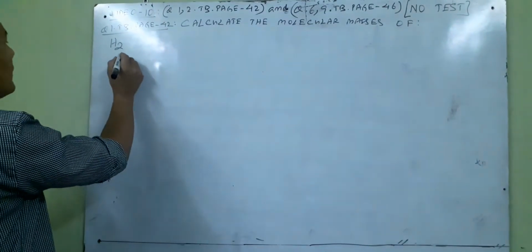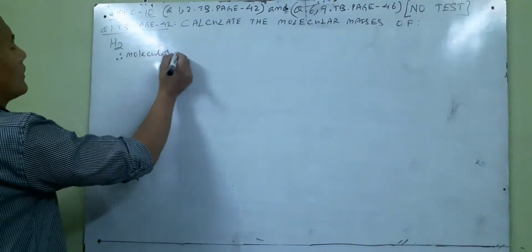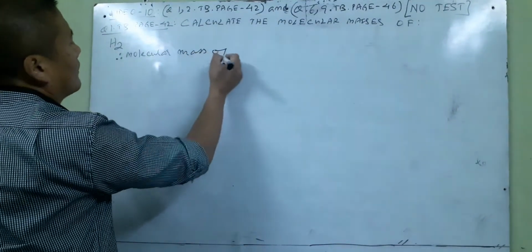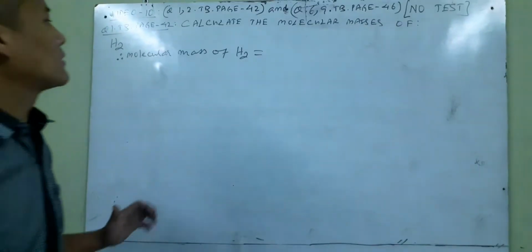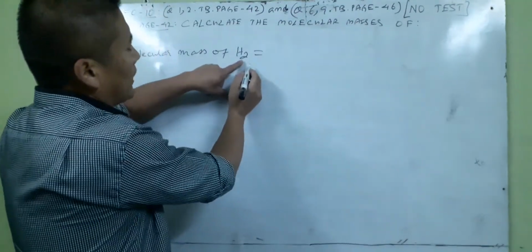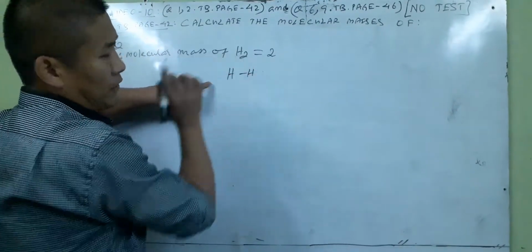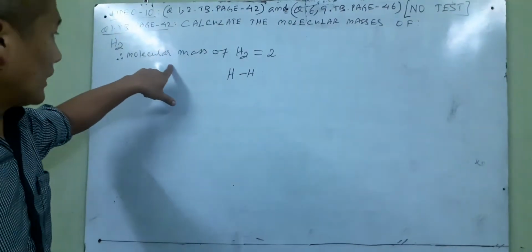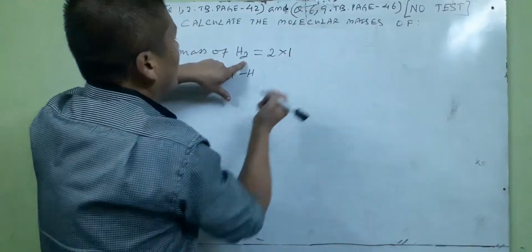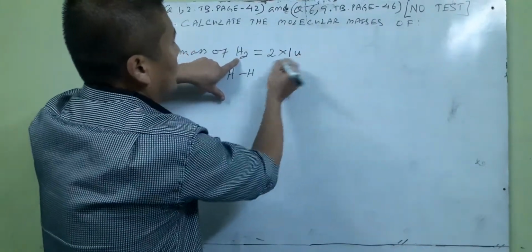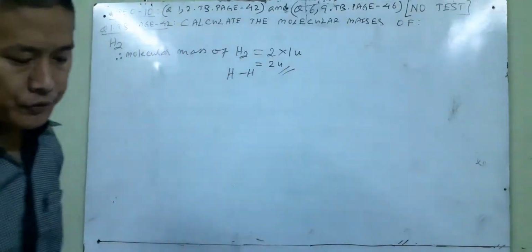So you write here, therefore, molecular mass of H2 equal to, go to page 37 of your textbook. There you will see, now the back of H there is 2, means there are 2 hydrogen atoms making the hydrogen molecule or gas. So molecular mass, because more than one atom, into, on page 37, one hydrogen is 1 U. So your answer will be equal to 2 ones are 2. This is your answer, 2U.